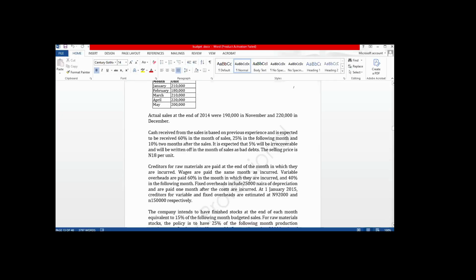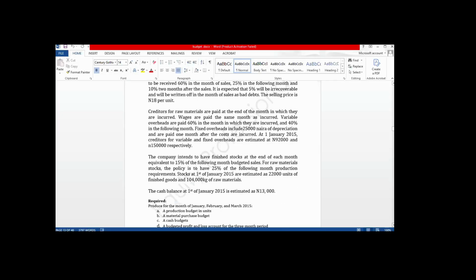Paragraph 3. Creditors for raw material are paid at the end of the month in which they are incurred. Your raw material will be paid for the same month it was incurred. Wages are paid the same month as incurred.